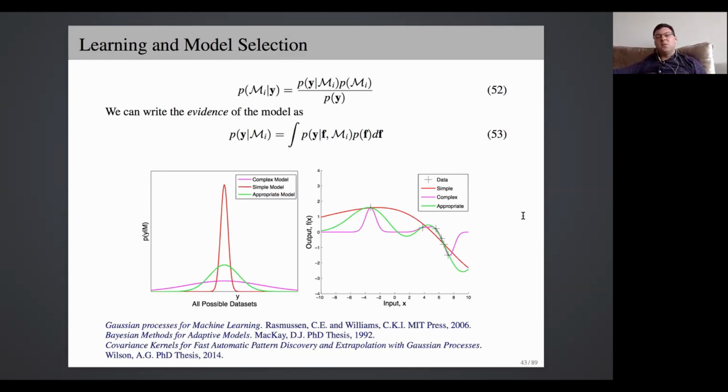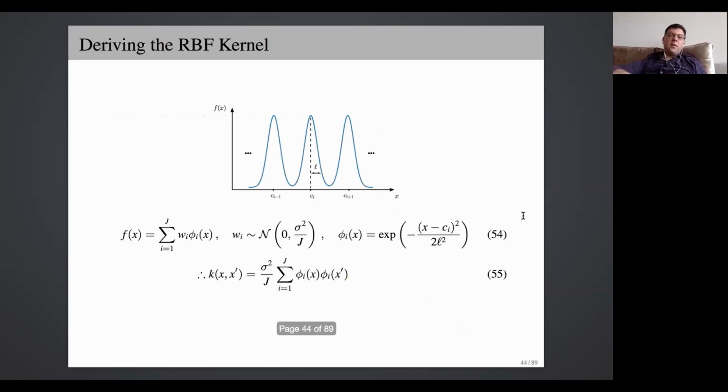And I'm sure if we were to do a poll, which of these three choices would you use, the red curve, the pink curve, or the green curve, most of us would go with the green curve for fitting this data. So we can see that we automatically favor this nice minimum description length representation of our data in the marginal likelihood.